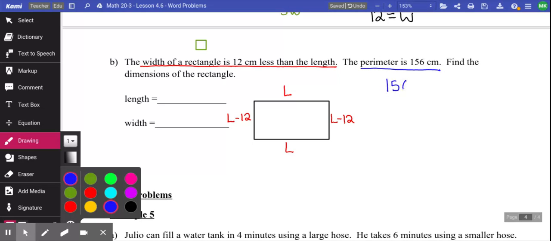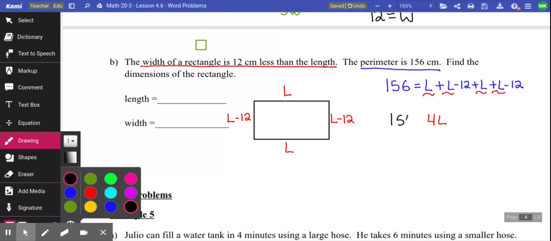That means if you added all these sides together, so if I did L plus L minus 12 plus L plus L minus 12, that's adding all my sides together, it should equal 156. To solve this thing, we're going to collect our like terms. L plus L plus L plus L would give me 4 L's.